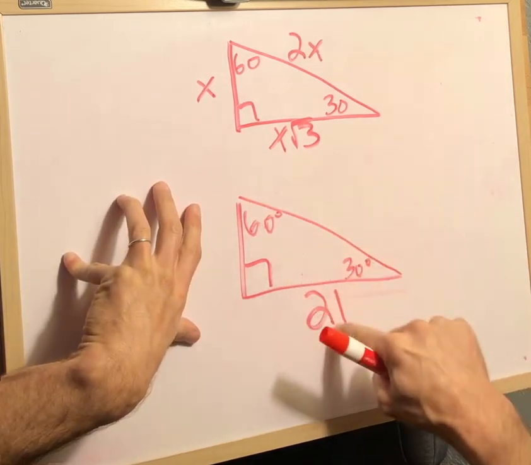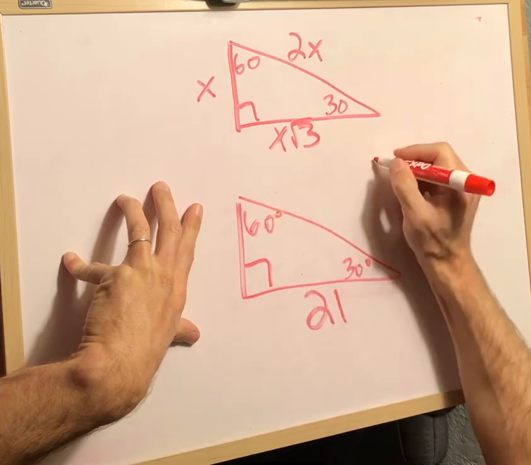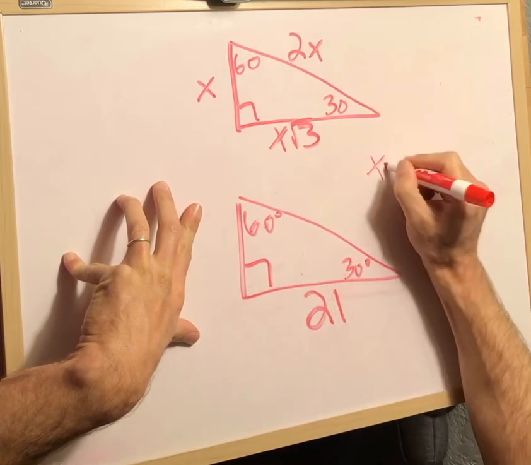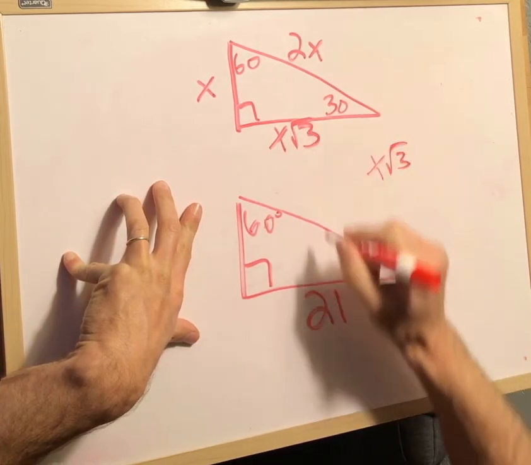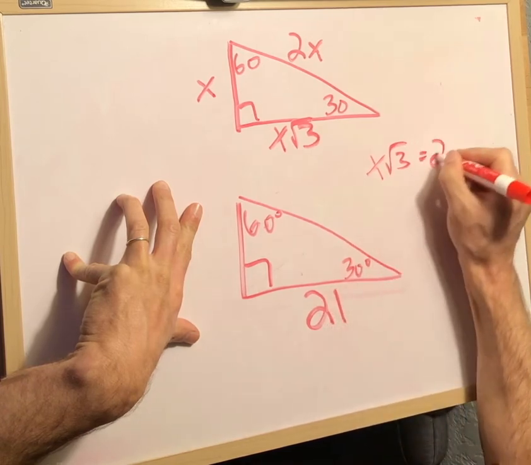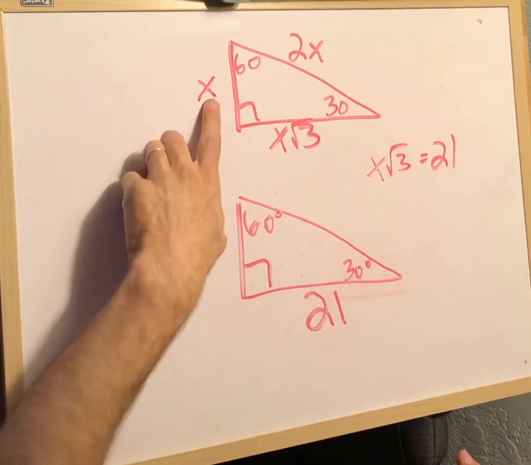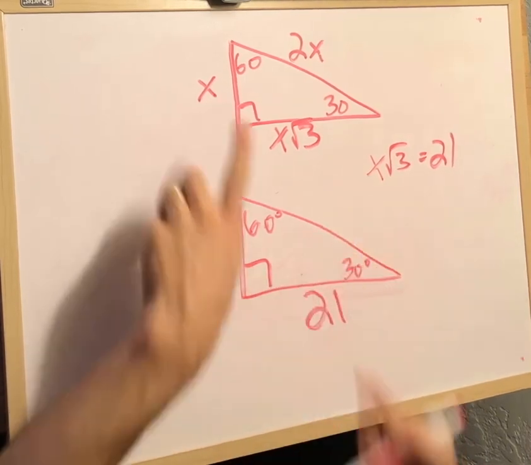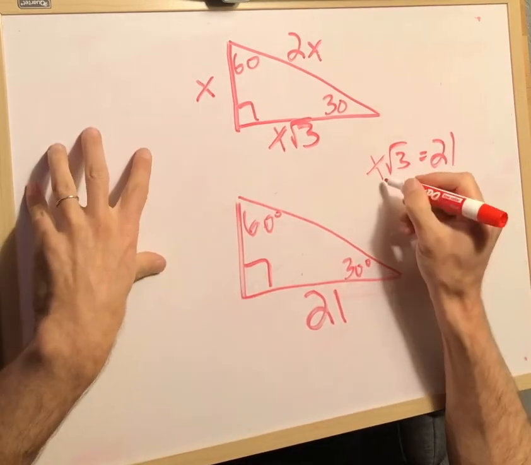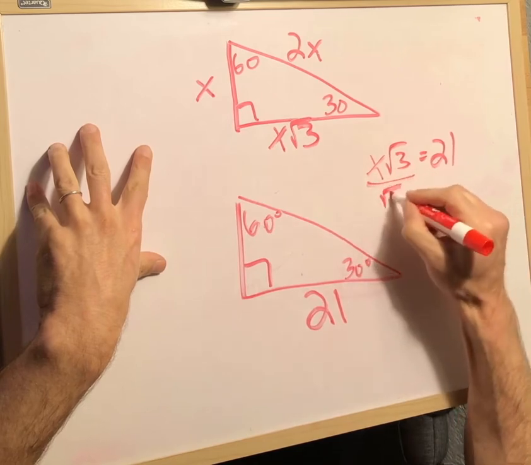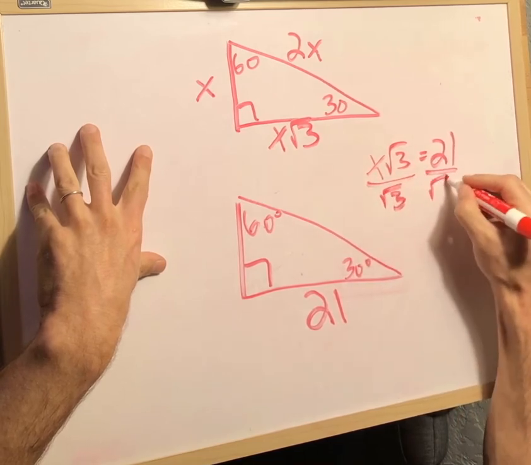This side, which is normally x root 3, I'm just going to write it. This side's normally x root 3, but see how it equals 21 now? Here's my actual equation to solve. Look, this side is x, and this is twice that. Well, I have to divide both sides by root 3 because I'm trying to solve for my x.